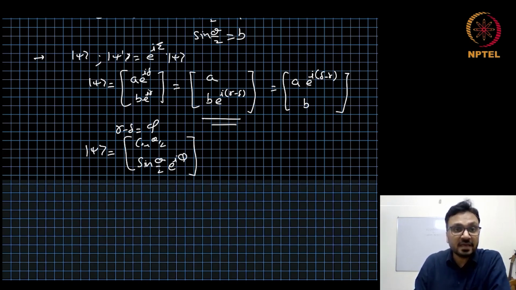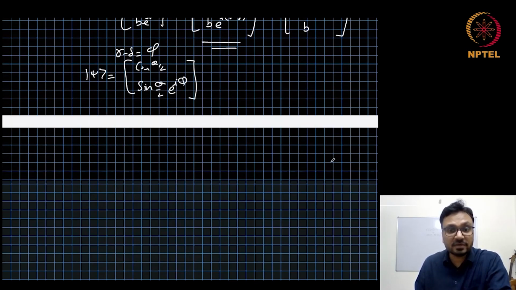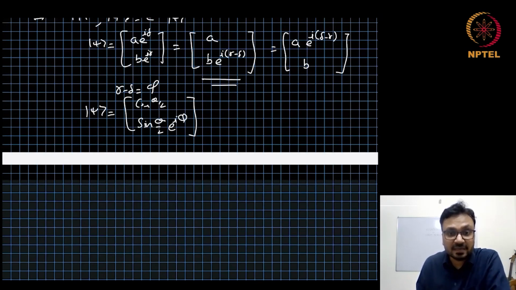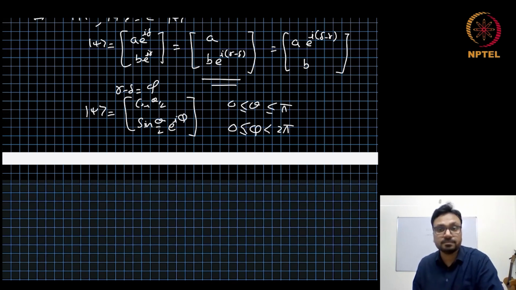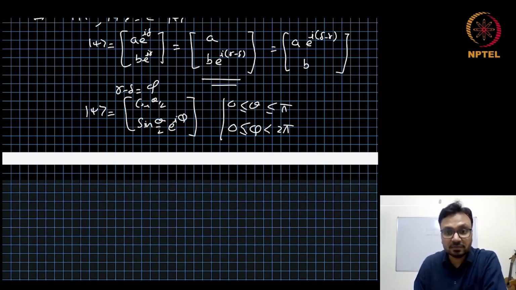So we get a canonical form of a state of a two-level system. Here theta is between 0 and pi, and phi is between 0 and 2 pi, just to avoid repetition.